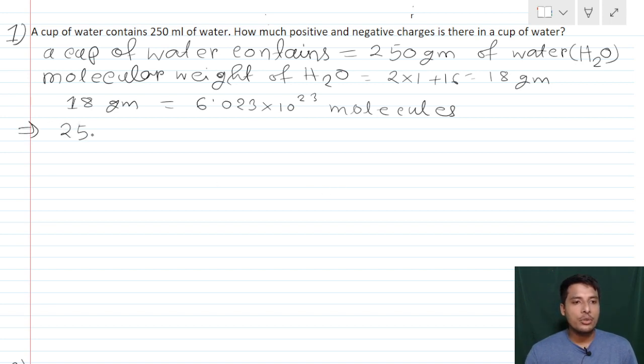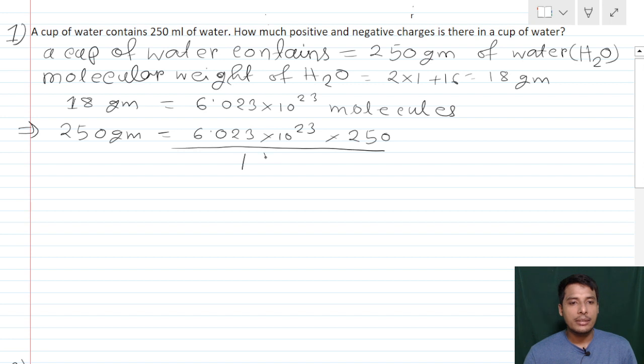So we can write 250 gram is basically equal to 6.023 into 10 to the power 23 into 250 by 18 molecules. Now the question is how many molecules are given here. So we have seen that the molecules is 6.023 into 10 to the power 23 into 250 by 18.